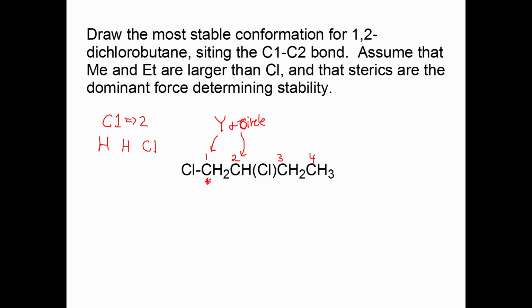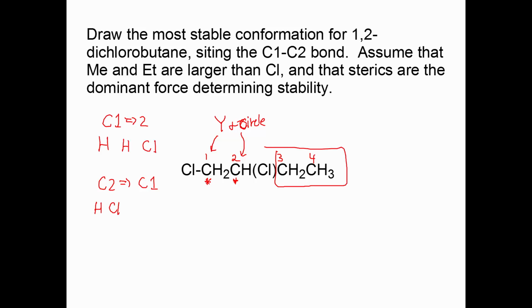Okay. If we look at C2, one thing that's attached to it is C1, so we're going to ignore that because that's part of the Y in circle. But we need to think about what are the other three substituents that we're going to put at C2. And what you see here at C2 is that we're going to have a hydrogen, a chlorine, and we're going to have C3 and C4.